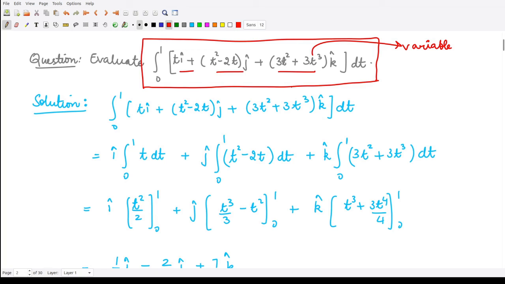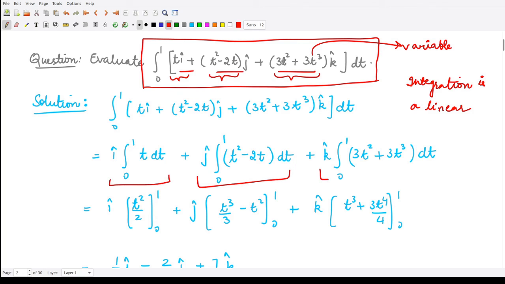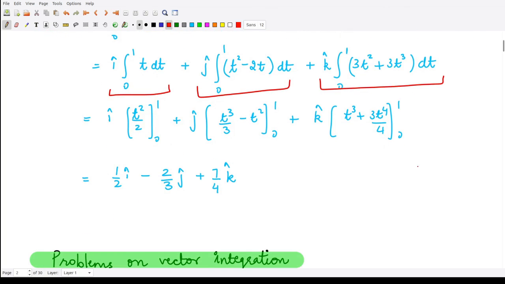So what is the rule here? The rule is to perform this integration over all of these terms separately, because integration, we know, is a linear operator. Using this fact, we just separate out all the terms consisting of i cap, j cap and k cap separately, and then it reduces to solving simple integrals.